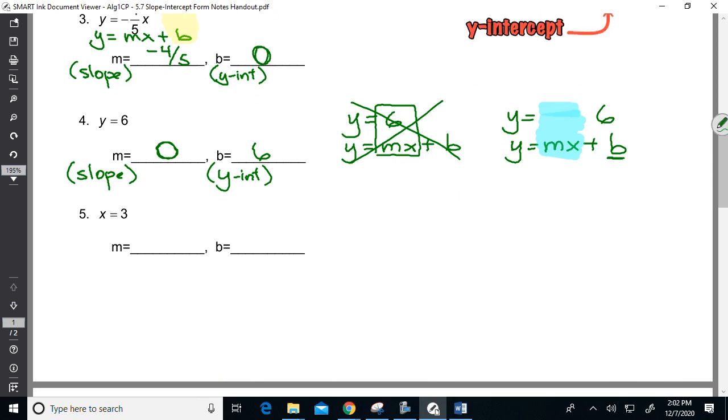If it's x equals, then you have a completely different story. Let's think about x equals 3. This is a problem similar to what was on your quiz this past weekend. If I graph this, x equals 3, is that a vertical line or a horizontal line?